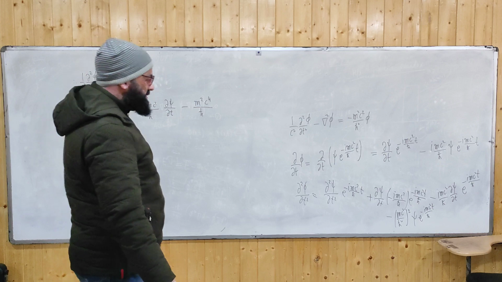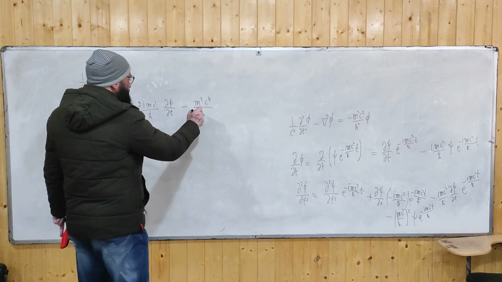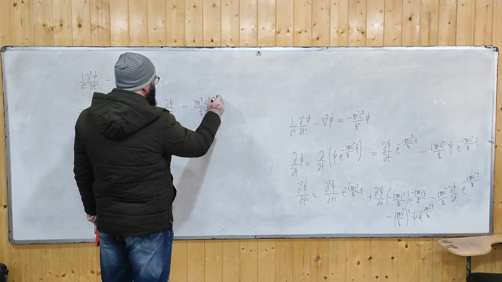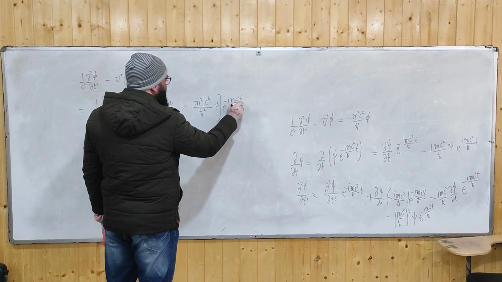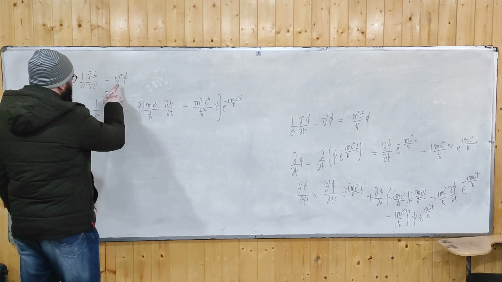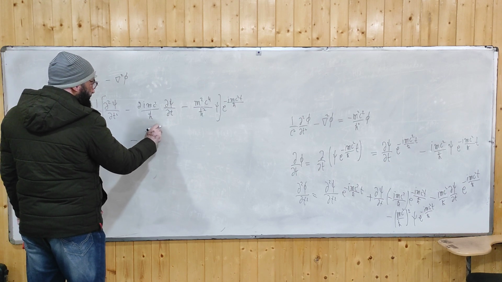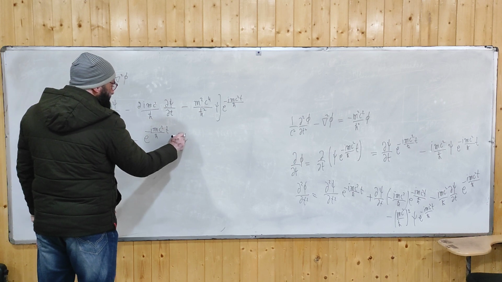So it should be h cross square here. Then you are having this side, e raised power minus i m c square t by h cross. Then you are having minus lambda square, so it is simply e raised power minus i m c square by h cross t, nabla square acting on psi.